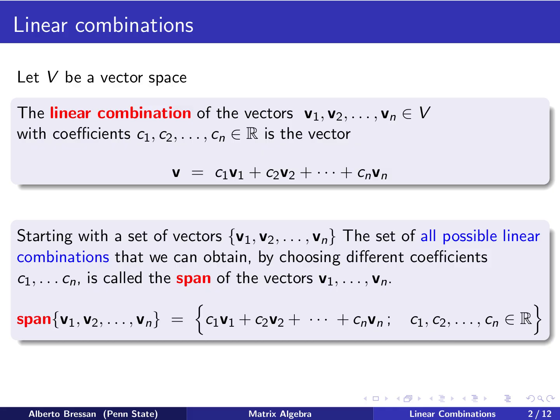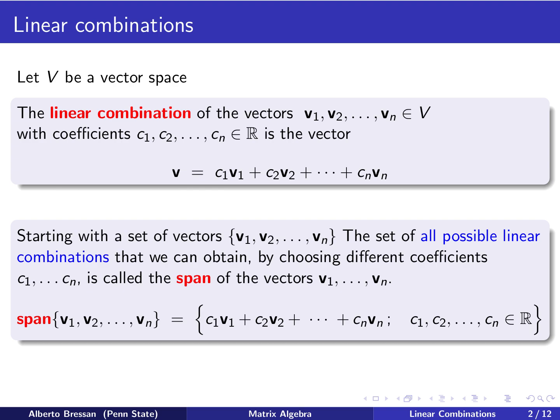And then if you have a given set of vectors v, you see that you can choose different coefficients to form a different v. So now we can form a set of all possible linear combinations that can be obtained by this form for this given set v.